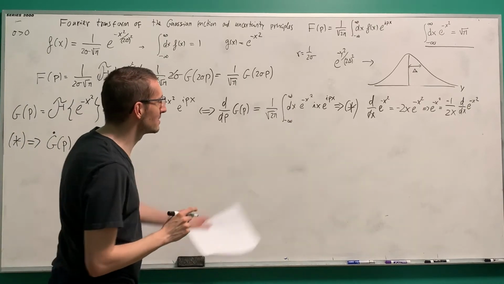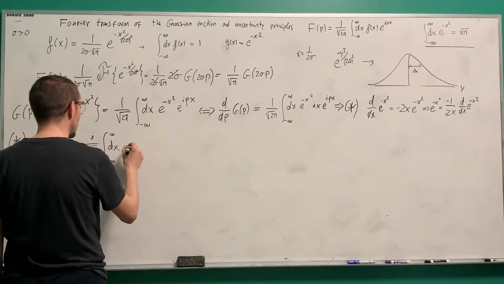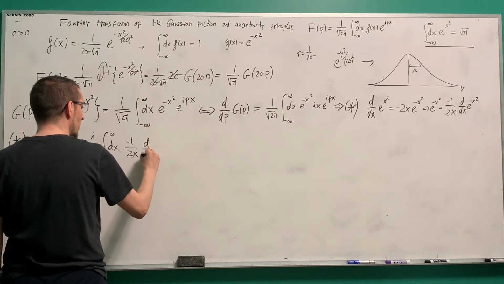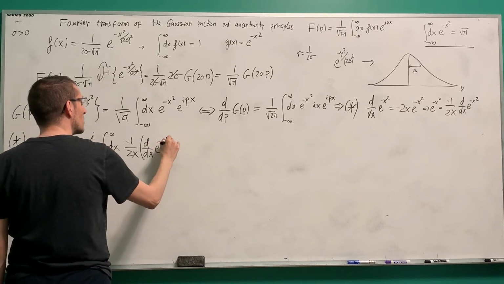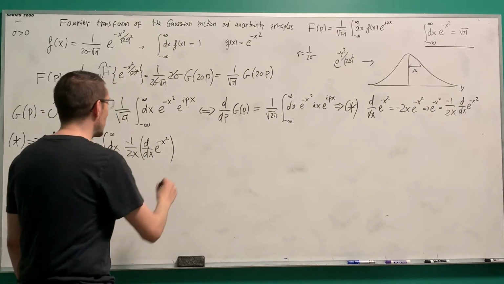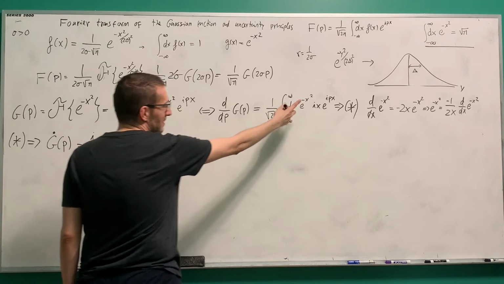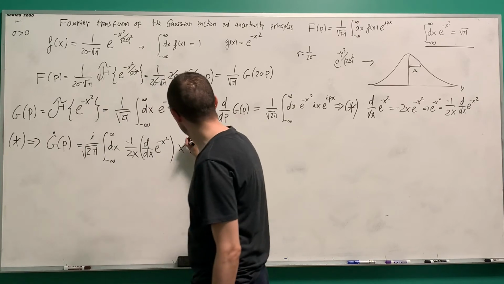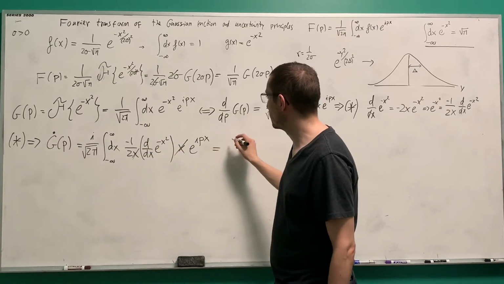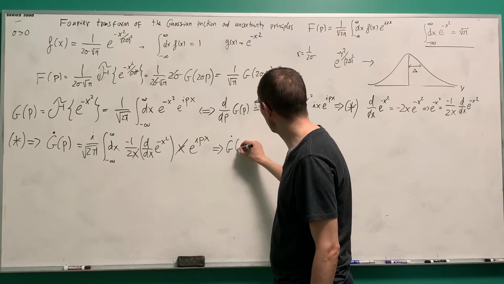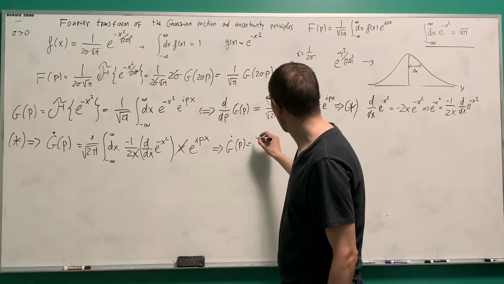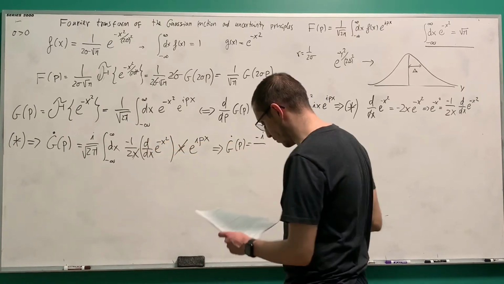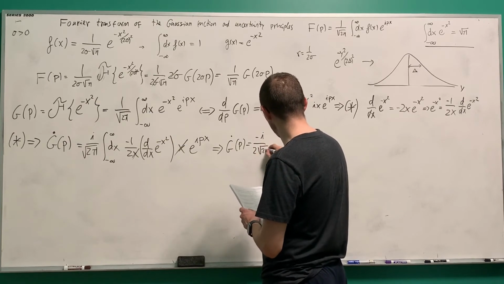And now I substitute e to the minus x squared equal to minus 1 over 2x derivative with respect to x of e to the minus x squared. Then I get an x that I haven't moved, and it's inside the integral, cannot come out, e to the i p x. But then I realize this x cancels this x, and I can take the minus 1 out, and I get minus i divided by 2 root 2 pi.